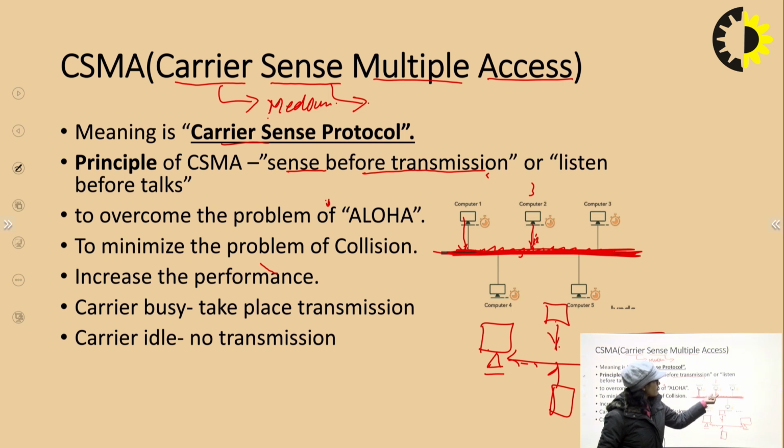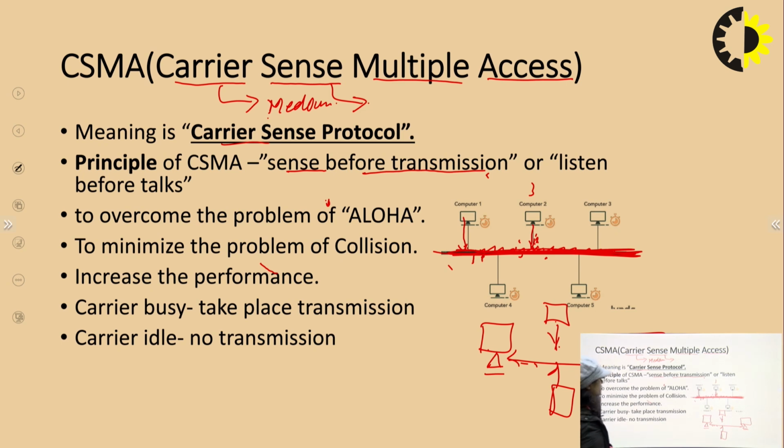It never sends its data, because the medium is already occupied by other devices. So it waits for some time, and after all bits of the previous device reach their destination, then it sends the data, right? This is the approach used by the carrier sense protocol.